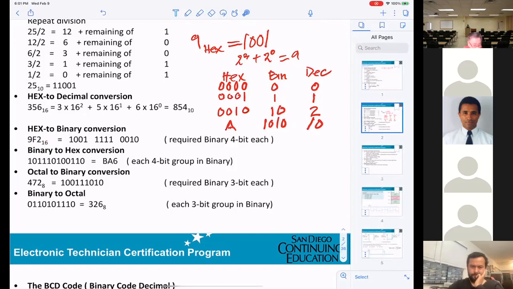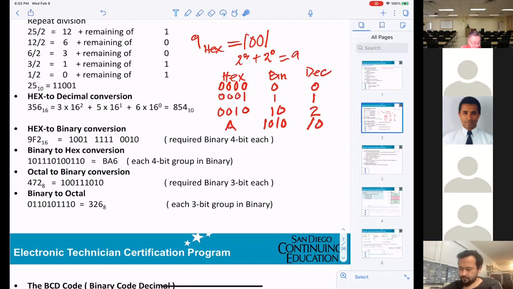Converting each digit: number 9 is 1001, number F is 1111, and number 2 is 0010. That is converting from the hexadecimal to the binary.